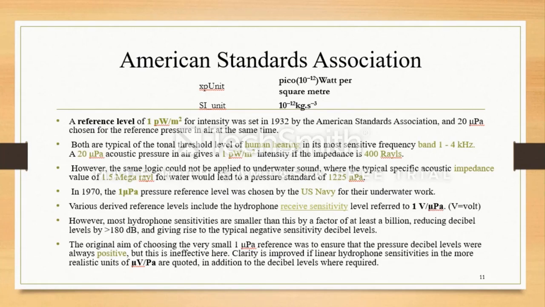However, the original aim of choosing the very small 1 micropascal reference was to ensure that pressure decibel levels were always positive. The scientists want to be sure that this level they choose for the standard level is always a positive number.